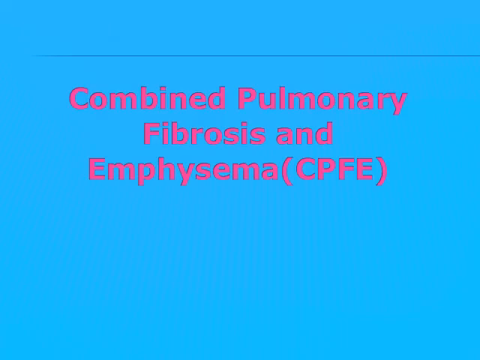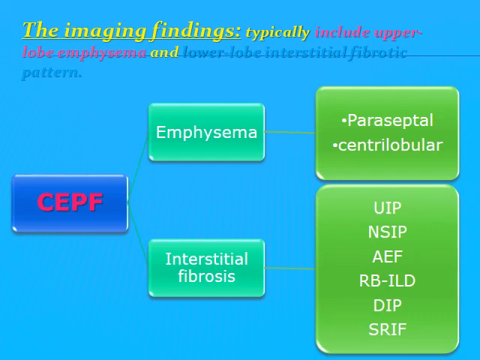Herein, I also want to add that there are new entities under the idiopathic pneumonias, rather than these 7 diseases. One of them is combined pulmonary fibrosis. This means that we have emphysema, either paraseptal or centrilobular, plus interstitial lung fibrosis or interstitial lung pneumonias of any type, combined.